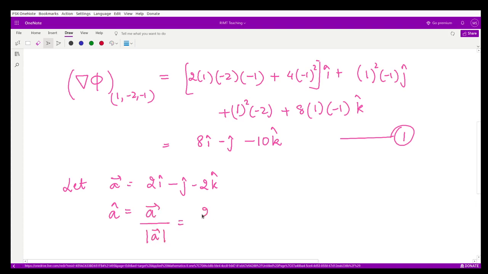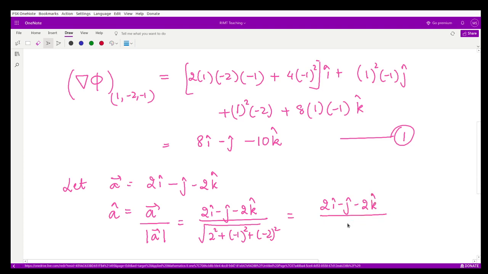This would be equal to 2i cap minus j cap minus 2k cap divided by the square root of 2 square plus minus 1 square plus minus 2 square, that is the square root of 4 plus 1 plus 4. So this would be equal to 2 by 3 i cap minus 1 by 3 j cap and minus 2 by 3 k cap. Now this is your equation vector 2.